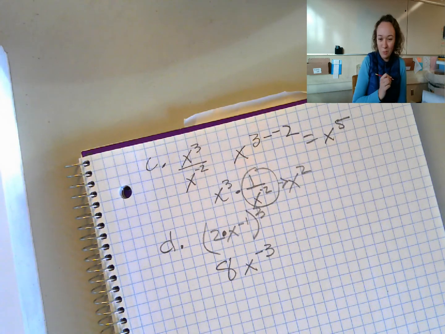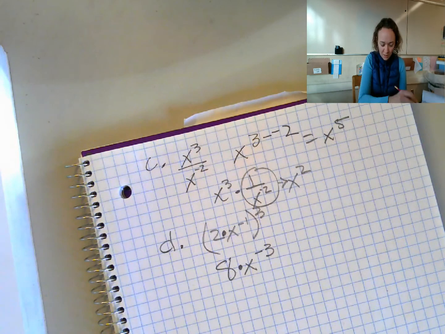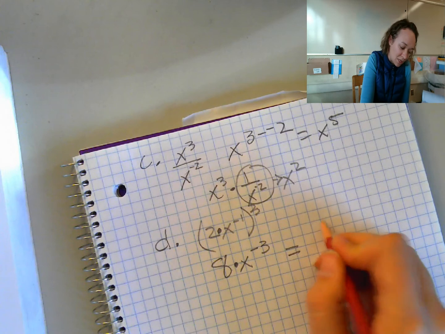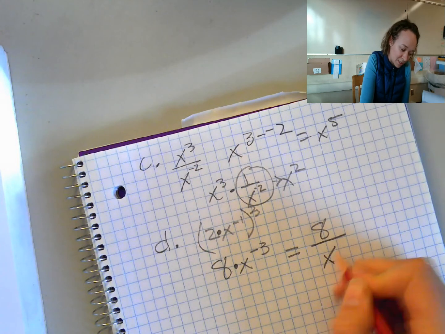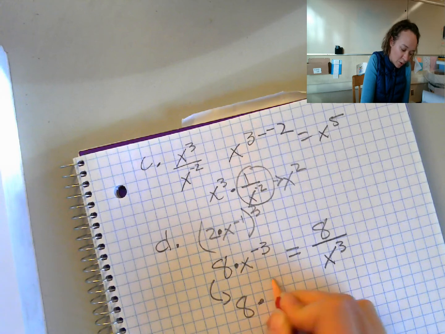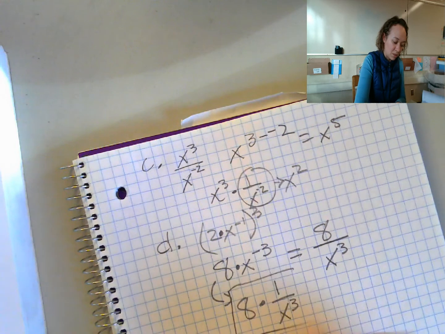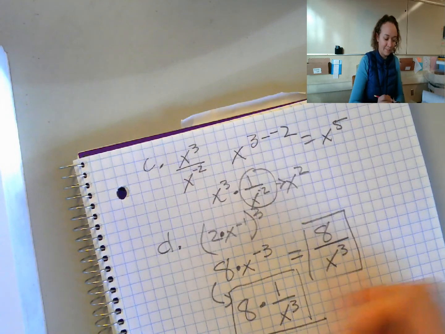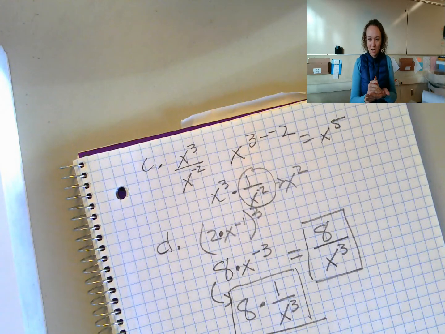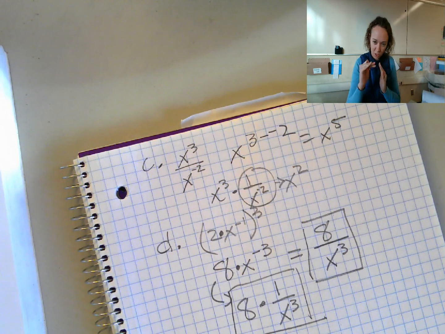Oh, but they say only positive exponents, so that means that we need to, remember that that's times, so that becomes 8 over x to the 3rd, or 8 times 1 over x to the 3rd. Either one of those is fine. But the 8 cannot end up in the denominator because that negative 1 did not apply to the 2. Right? That negative 1 just applied to the x, because order of operations says that the exponent happens before the multiplication.